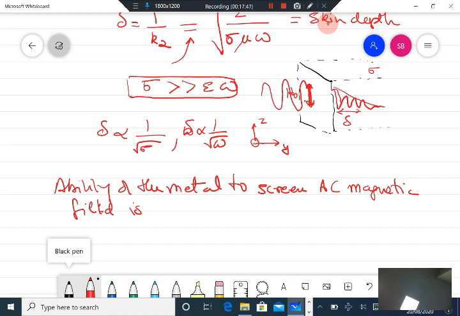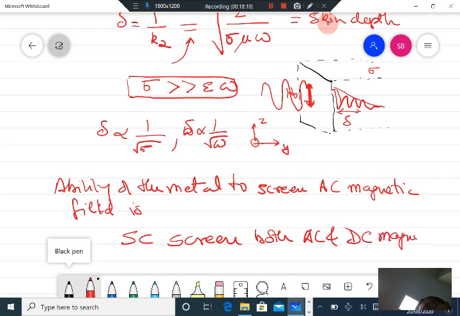But where does it differ from the Meissner effect? Whereas metals can do this only for an AC magnetic field, the screening for a superconductor can happen for a DC field as well. Superconductors can screen both AC and DC magnetic fields.